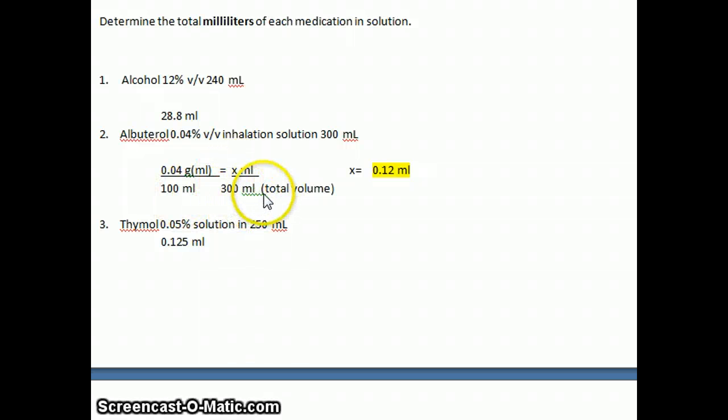The 300 should be on the bottom because it is our total volume. And the reason I put milliliters here is that it's telling you this problem is volume over volume. So the 0.04 times 300 divided by 100 equals 0.12 milliliters of albuterol in our total of 300 mL.